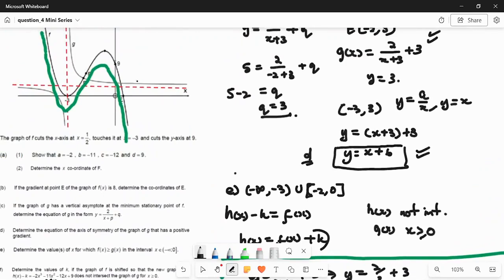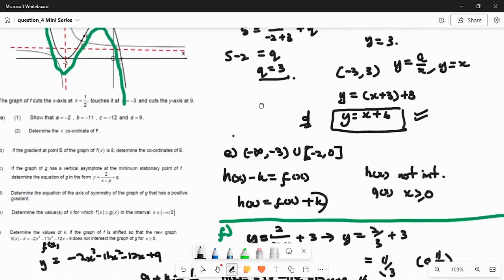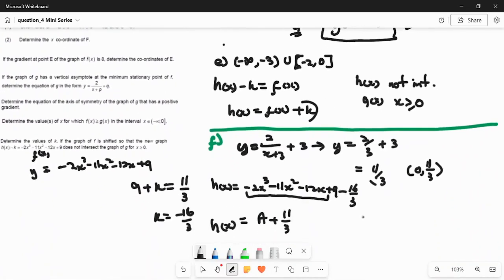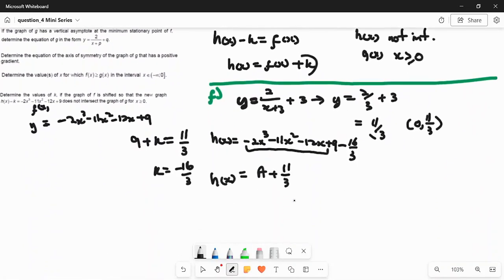So if ever I intercept at that point, I'm no longer intercepting my function of g when x is greater than 0. So the first part, we've got that correct. The only missing part now is that even if our x is equal to 0, we are still not supposed to intersect the function g. So how do we make our new function h of x not intersect g even if our x value is 0?